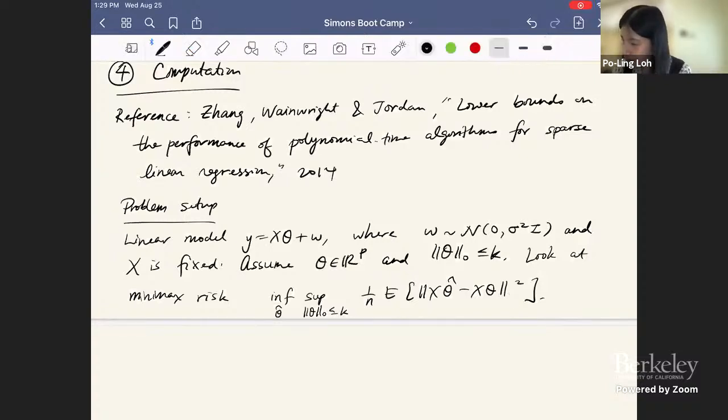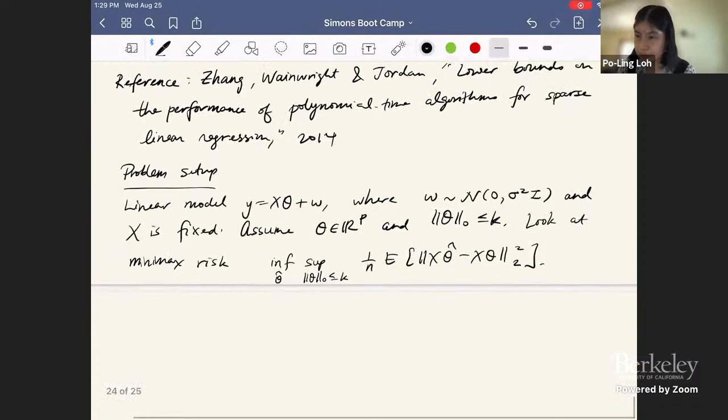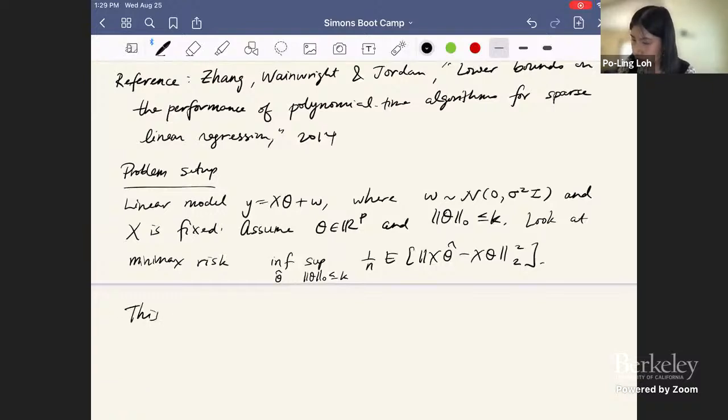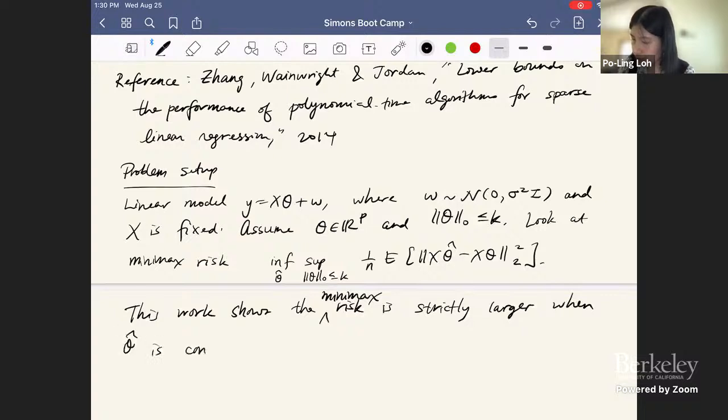Okay. So this work shows that the minimax risk is strictly larger when theta hat is constrained to the class of polynomial time estimators.